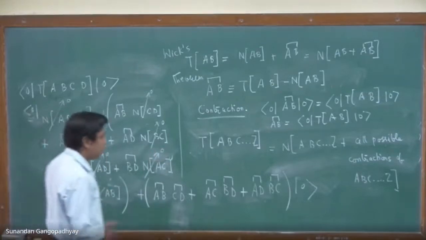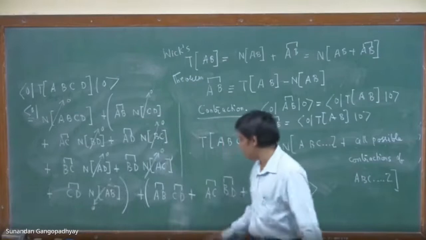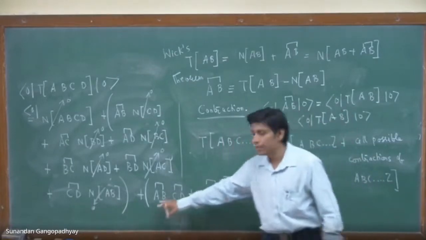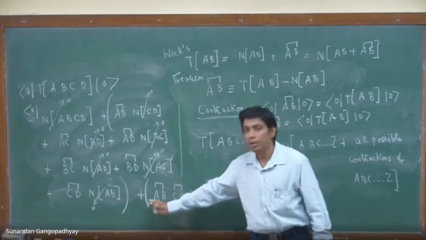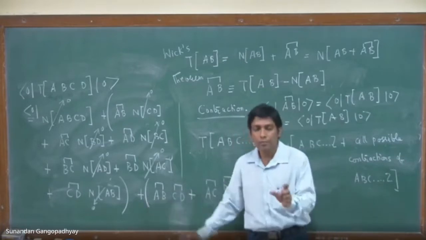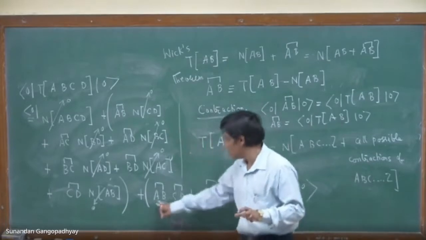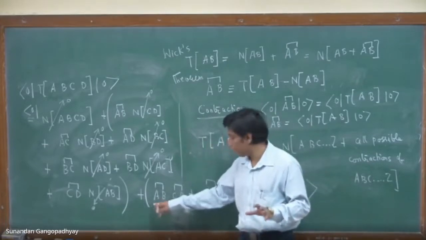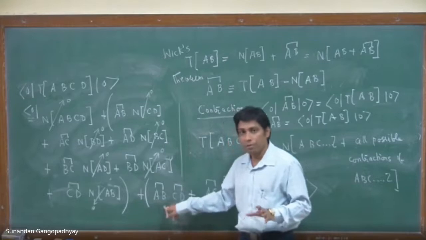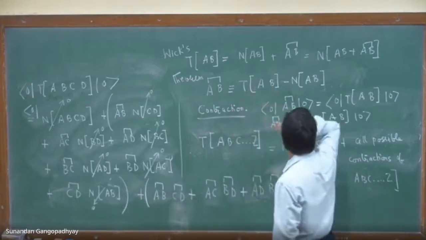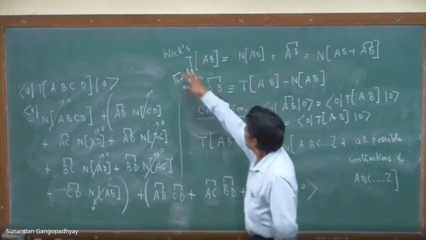And these are what? These are basically commutators. But you know what these commutators are. If you take the vacuum expectation value of the time ordered product of a pair of operators, it is basically nothing but this contraction.